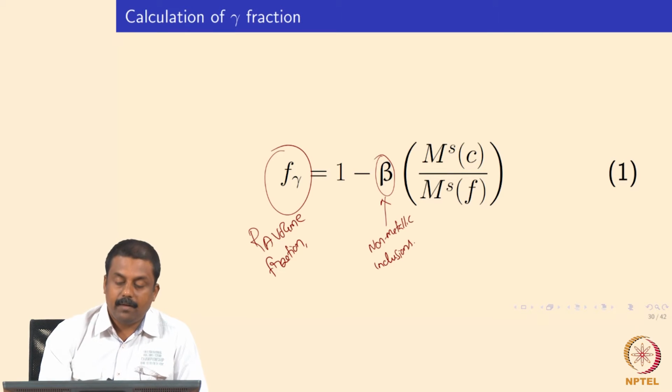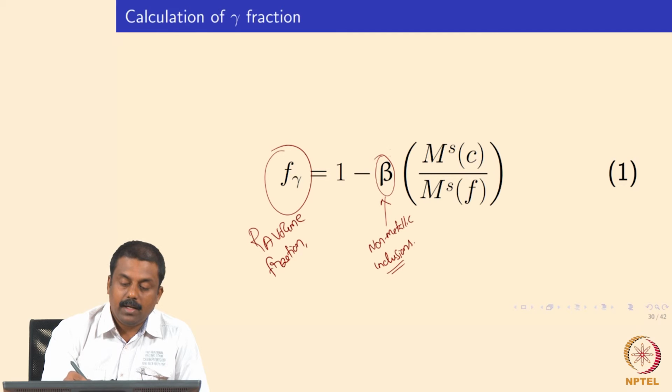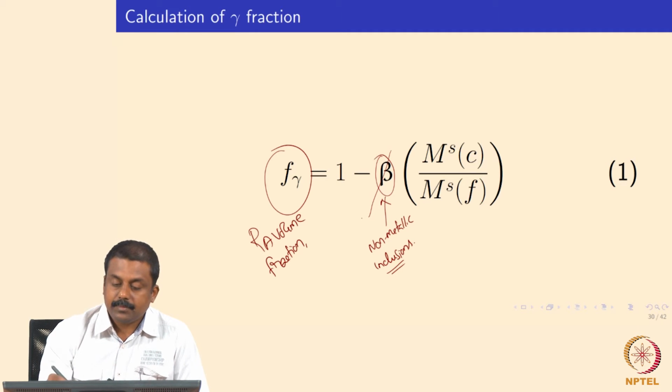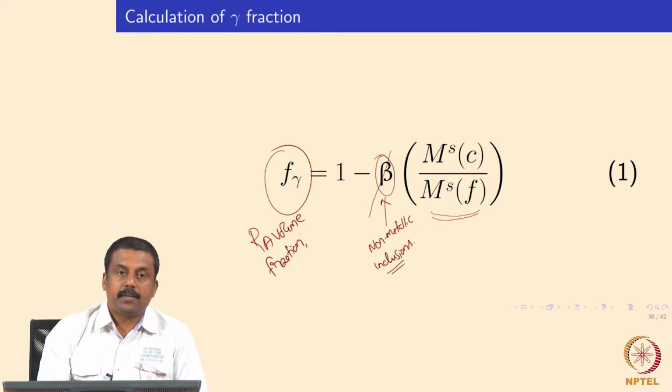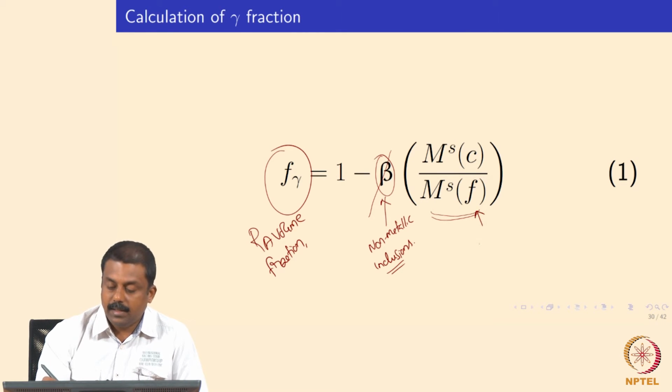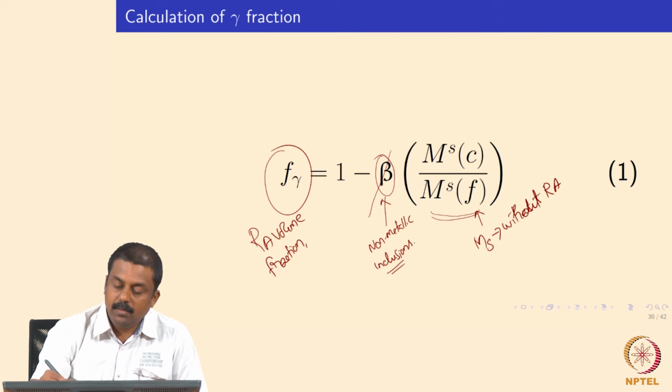So the beta takes care of the presence of other non-metallic phases which are paramagnetic, and generally if you do not have inclusions in the microstructure, this goes away, and then the ratio of the magnetic saturation without austenite to the magnetic saturation with austenite gives you the fraction of retained austenite present in the microstructure. So MS-F is the MS, the saturation magnetization, without RA to the MS with RA.